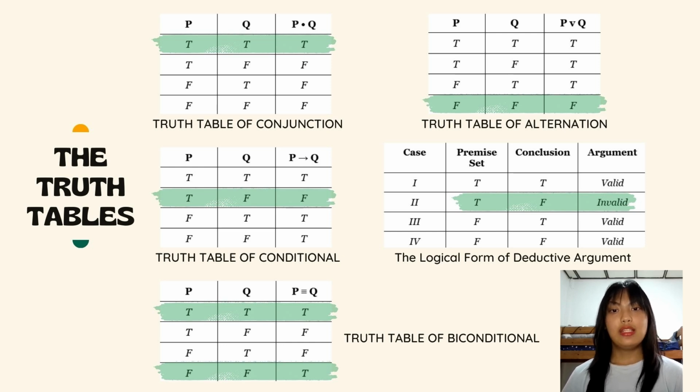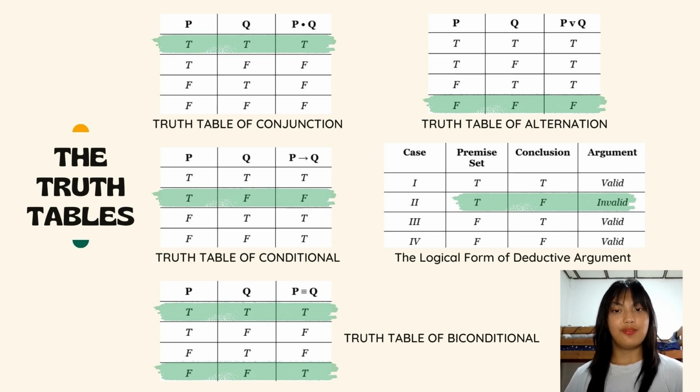Right now, what you see here is a table showing the validity in judging arguments. Most logicians will agree that the logical form of all deductive arguments is logically isomorphic with the logical form of the conditional statement. Focus on the table presented, specifically on the shaded one, which is concluded to be invalid.